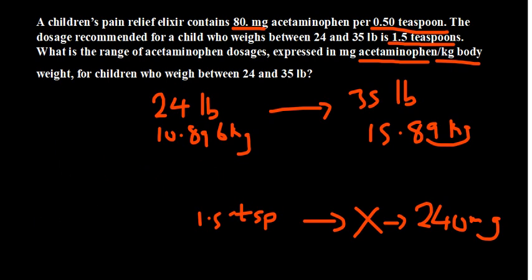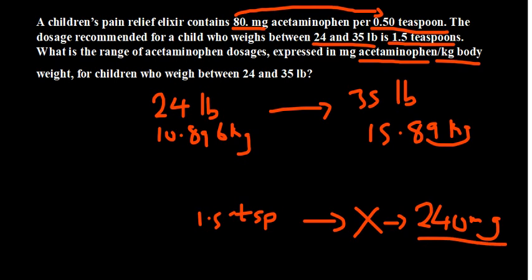We've already determined that between 24 and 35 pounds, the dosage recommended is 1.5 teaspoons. And from the start of the question, we are told per every 0.5 of a teaspoon, there is 80 milligrams of acetaminophen. So for 1.5, it's 240 if we use that ratio.